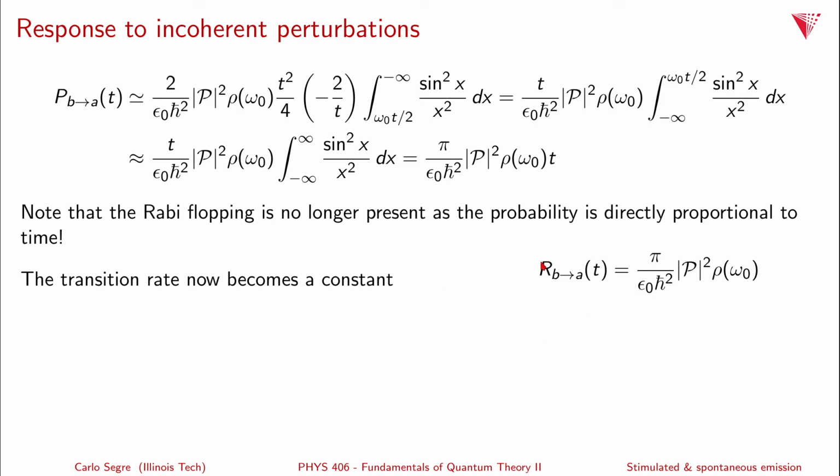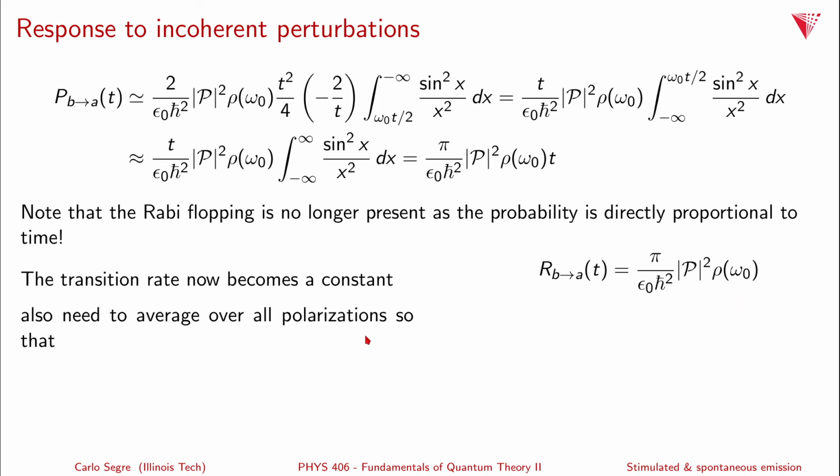The transition rate, which is the derivative of the probability basically, from B to A is equal to pi over epsilon naught h bar squared, absolute value of polarization squared, times the density at omega sub 0. And it's a constant because the probability rises with time, so the rate must be constant.